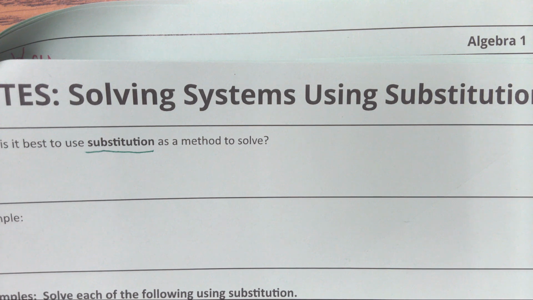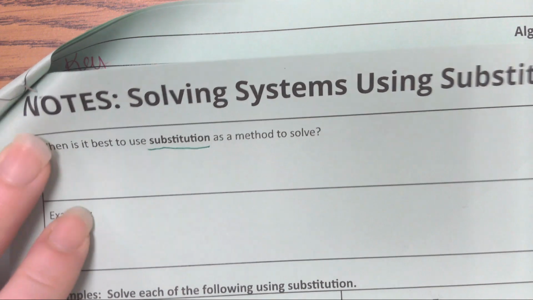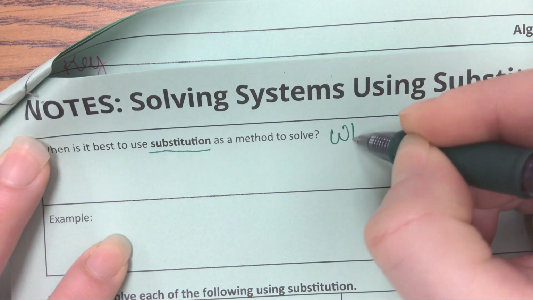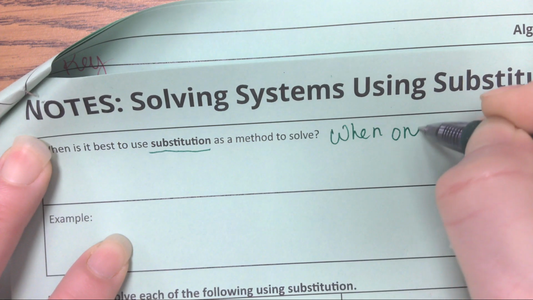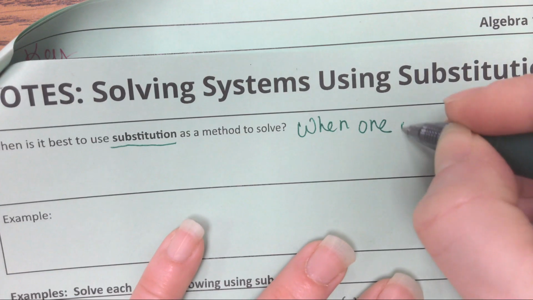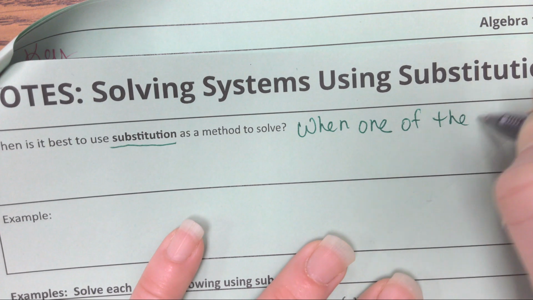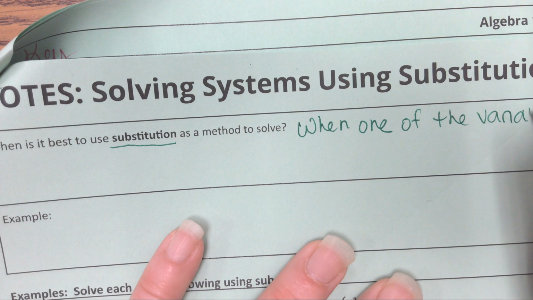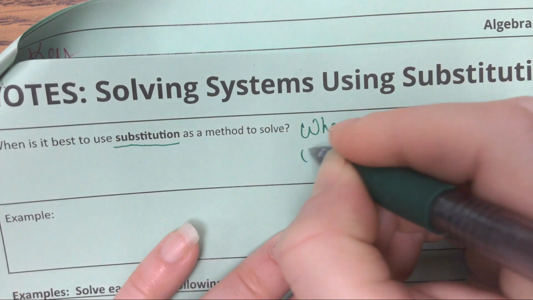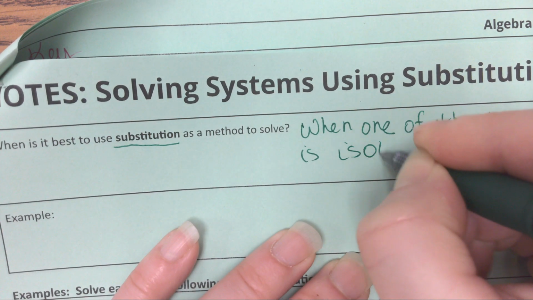When is it best to use substitution? When one of the variables is alone. I'll say isolated by itself.